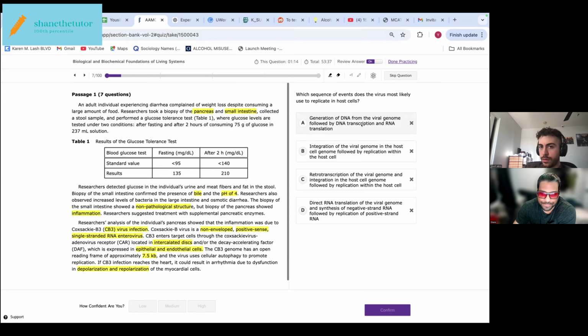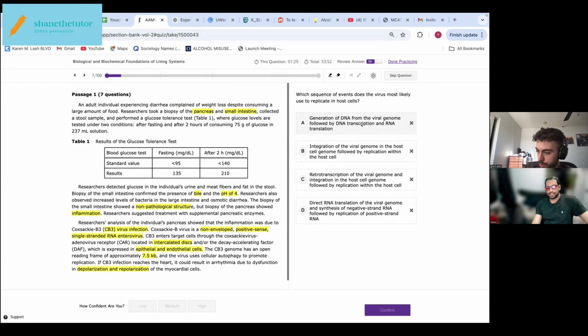So that has to first be converted to positive sense RNA by RNA polymerase before it can be translated into proteins. Okay.